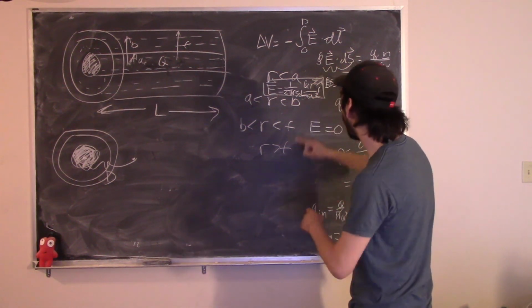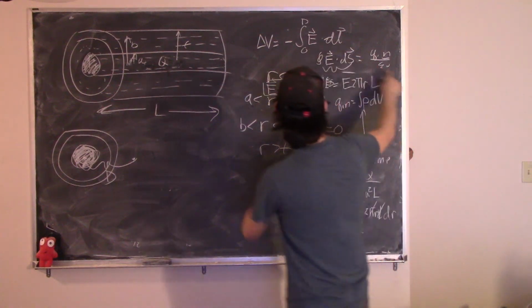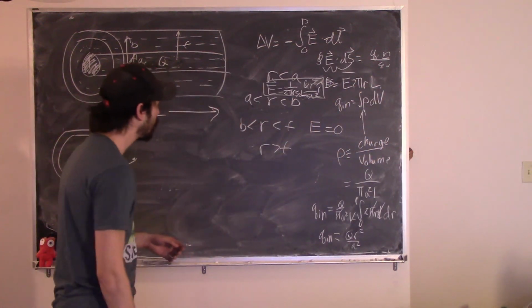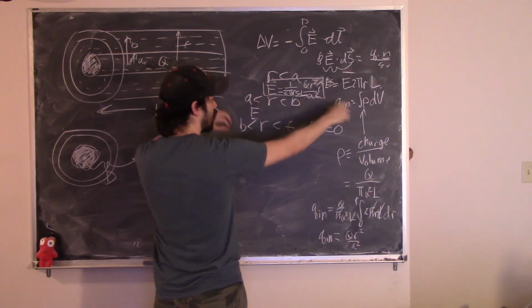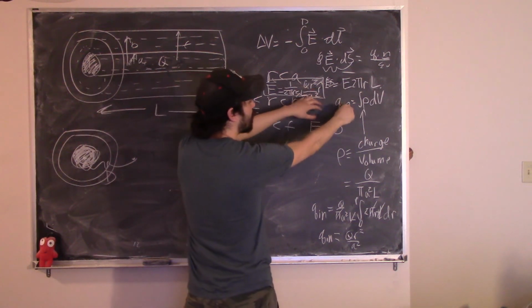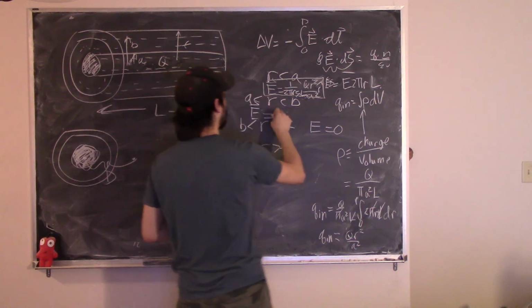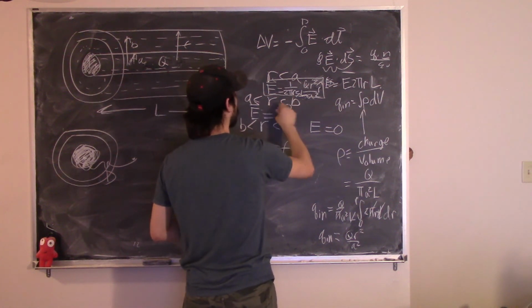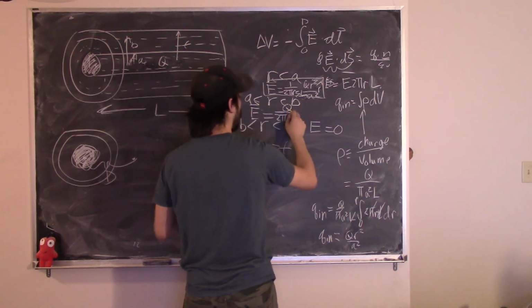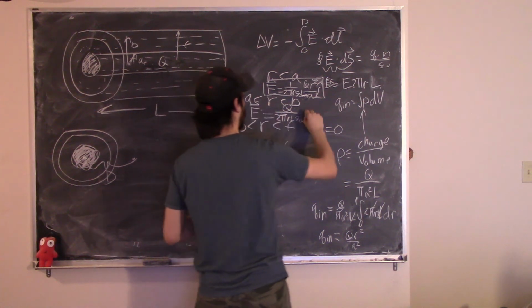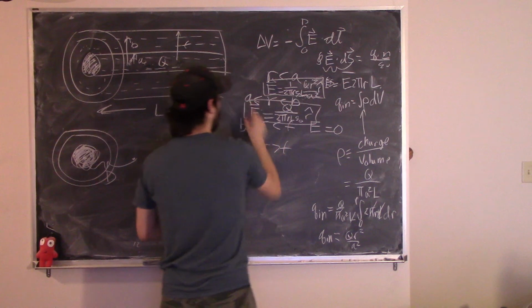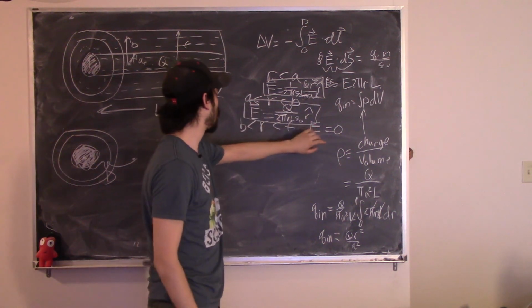Okay, so now when I do this in this region, I'm enclosing the total charge Q. And so the left-hand side is the same. The right-hand side just has a capital Q for Q_in. And so E vector is going to be equal to Q divided by 2 pi r L epsilon naught in the r hat direction. This one was 0.